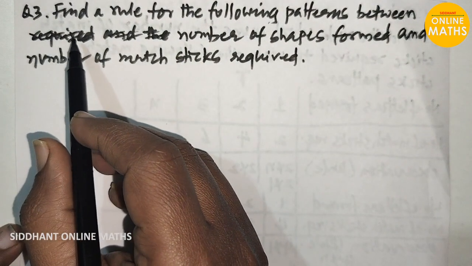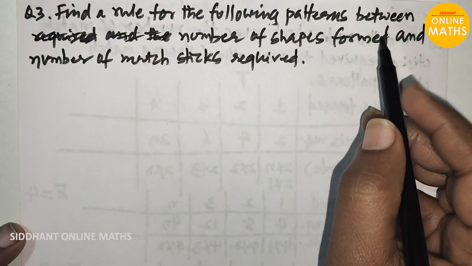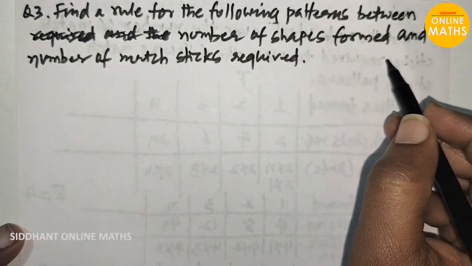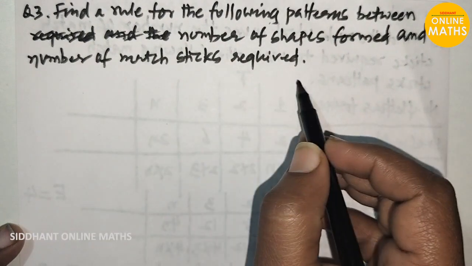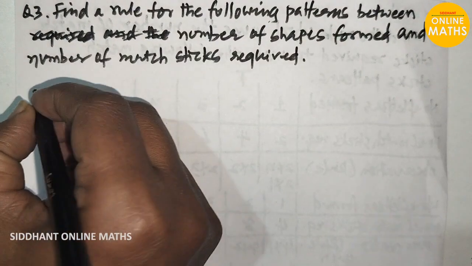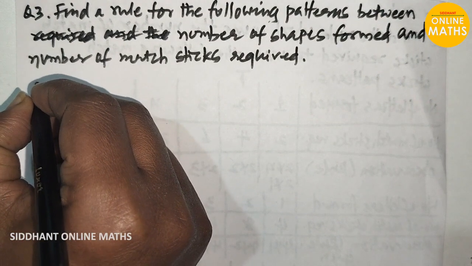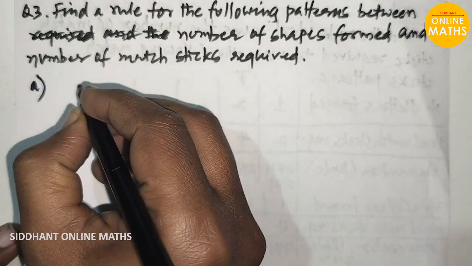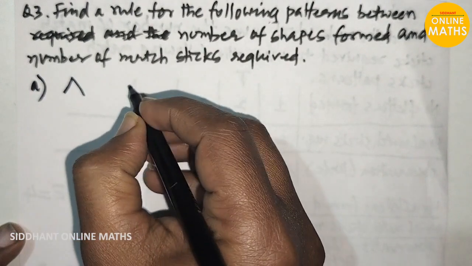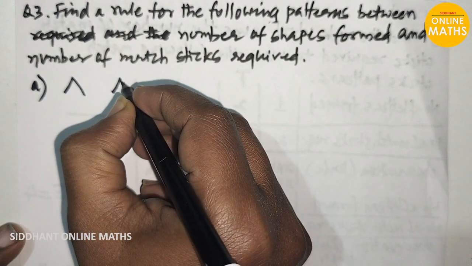Question number 3. Find a rule for the following patterns between the number of shapes formed and the number of matchsticks required. So here in this first question, A. So this is the matchstick pattern.